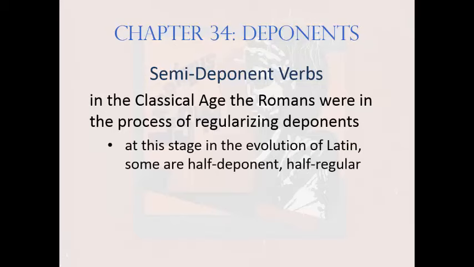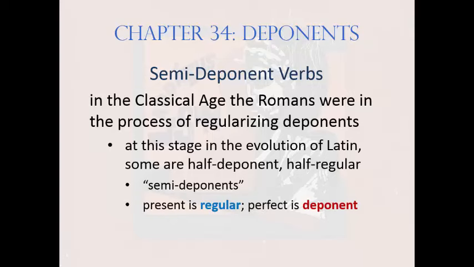At the moment we catch them during the classical age, these verbs are half-deponent. Semi-deponent is the technical term. That is, their present is regular, active endings with active meanings, but their perfect is deponent, passive equals active. For instance, audeo, audere, ausus sum, meaning dare.